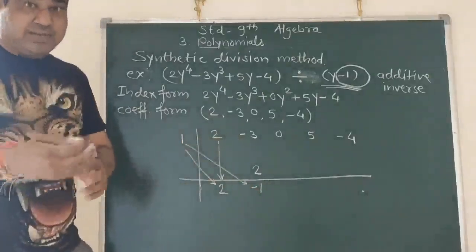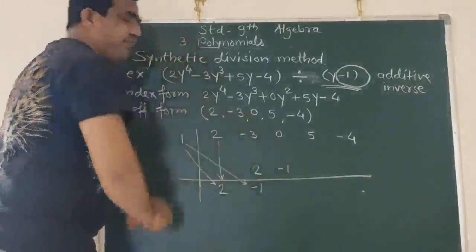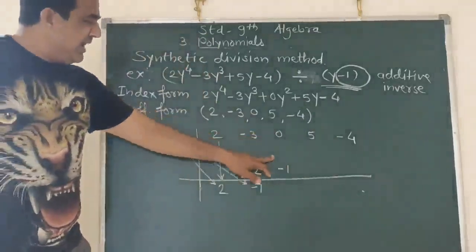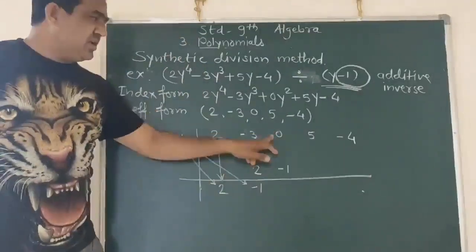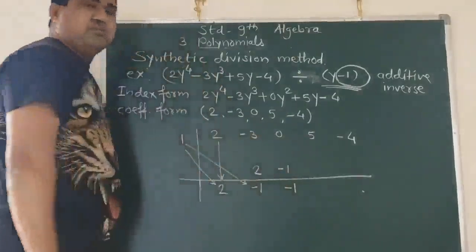Whatever answer we get, write right below the next coefficient. Now perform addition or subtraction of these two. 0 minus 1, that is minus 1.